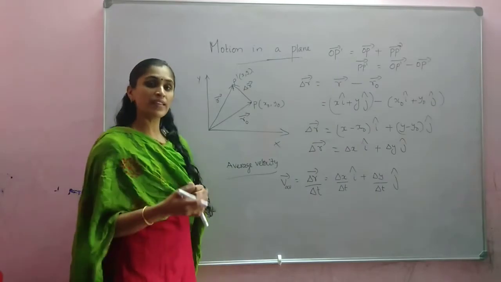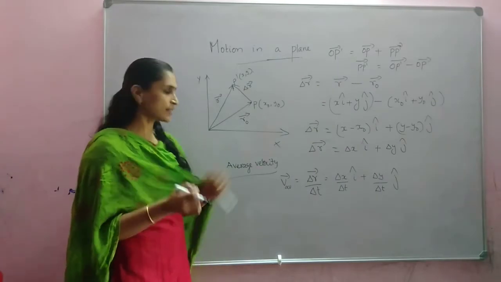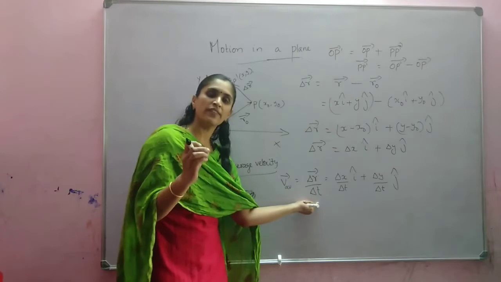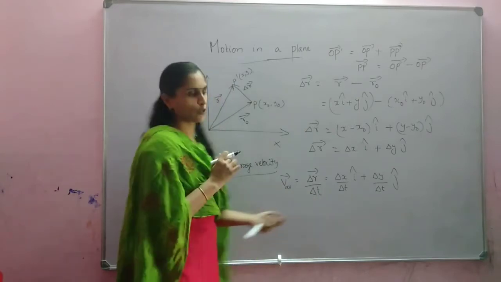And if it becomes instantaneous velocity, what happens? The time interval should be very, very small. Delta t tends to 0.